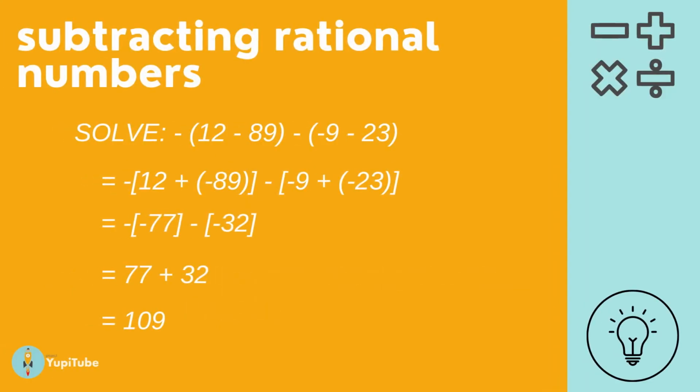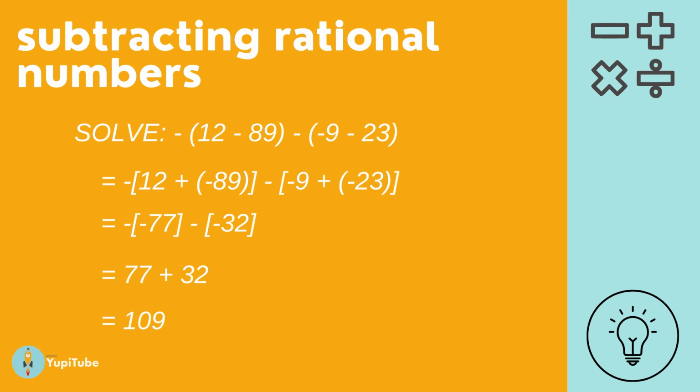Subtract: negative (12 minus 89) minus (negative 9 minus 23). First, operations within parentheses must be done first.